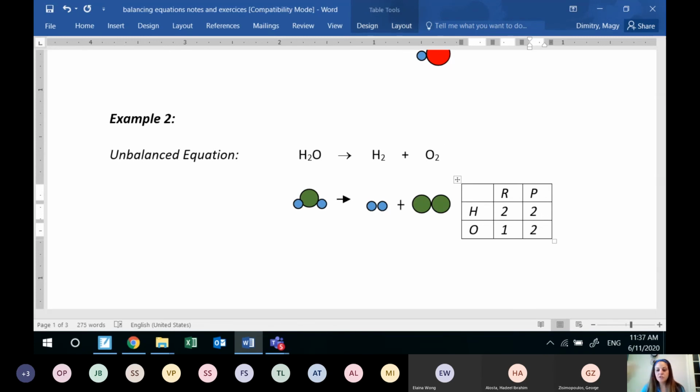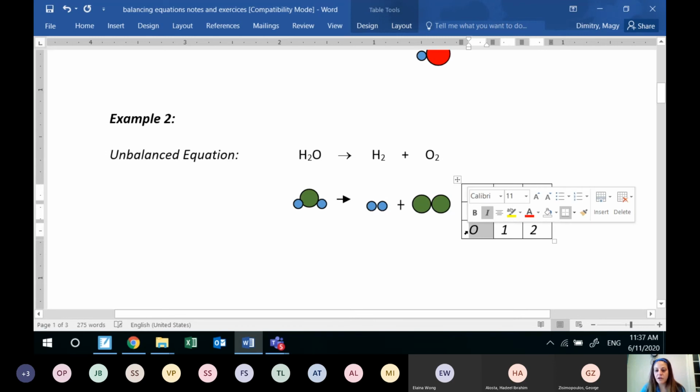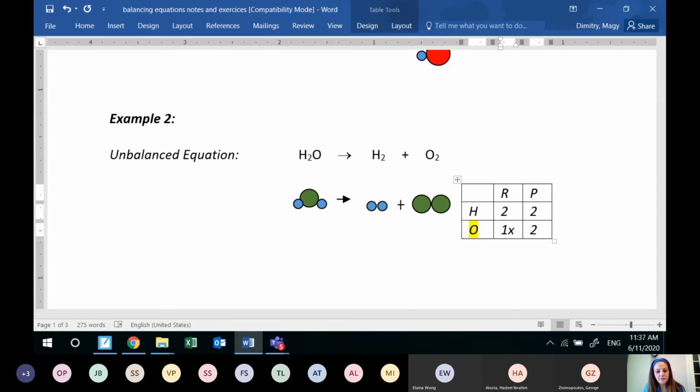Okay, yeah. So now we know the problem is here with oxygen. So I'm going to have to do 1 times what gives 2? 1 times 2 gives 2. This means that on the reactants, oxygen, I have to multiply by 2.